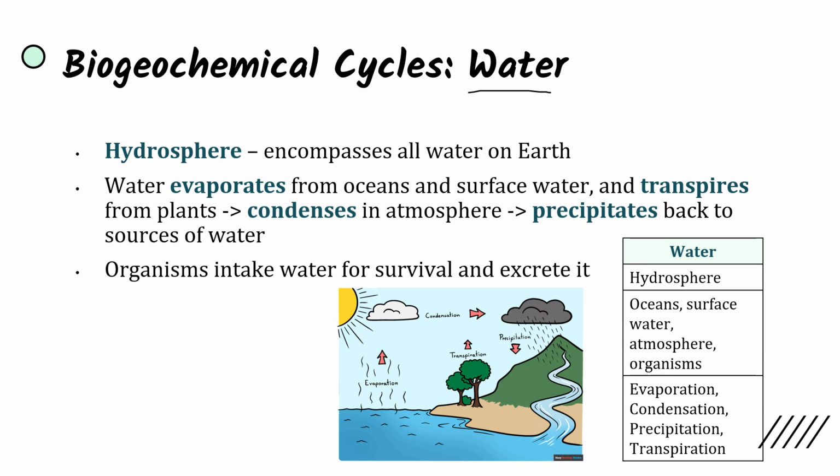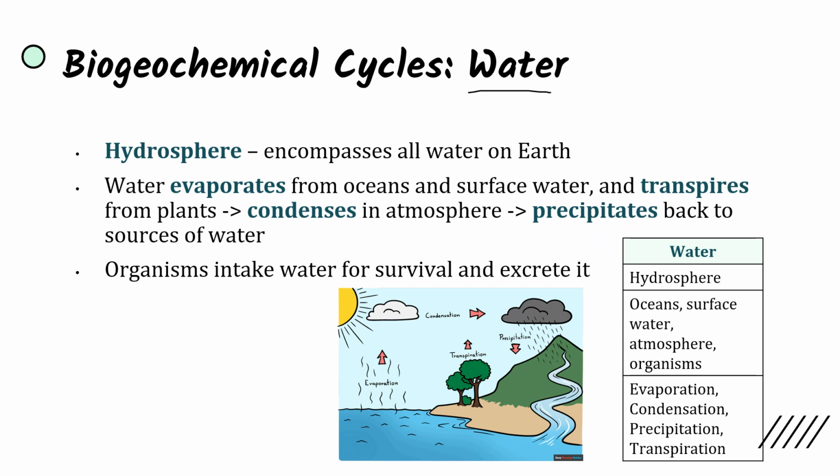So water is going to evaporate from oceans and surface water, meaning that the sun's heat will cause the bonds in water to break, and so it will turn into a gas and rise up because it is now lighter. It will transpire from plants, which is similar to evaporation, but it occurs from plants.